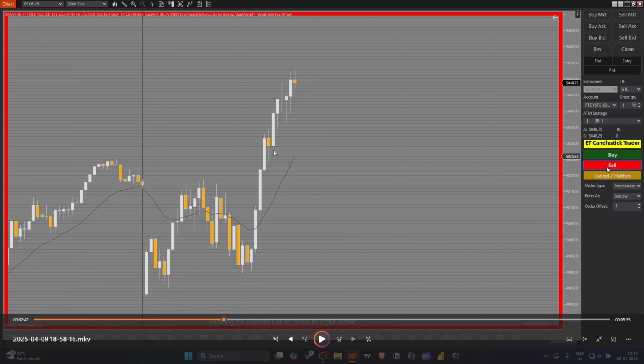Here, first attempt to go lower, second attempt to go lower. This was going to be the third attempt to go lower.